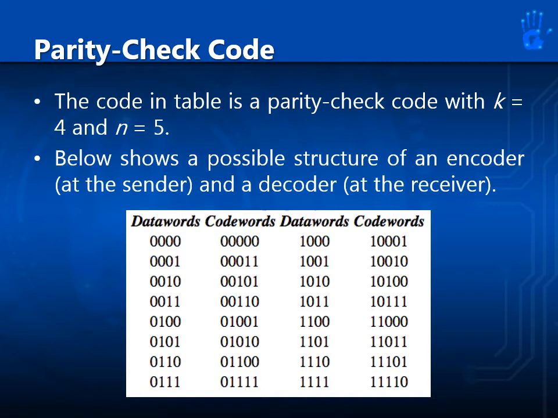Let's take a look at the second example, for the data word 0001. As you can see, there is an odd number of ones in this data word, so a parity bit of 1 will be added to force the total number of ones to be even. So this is called even parity.